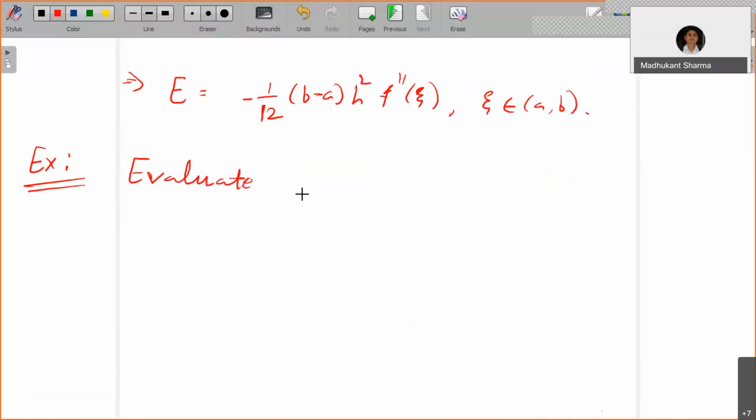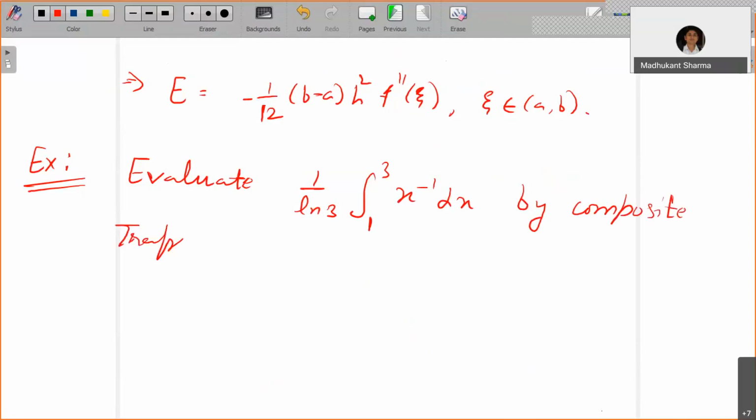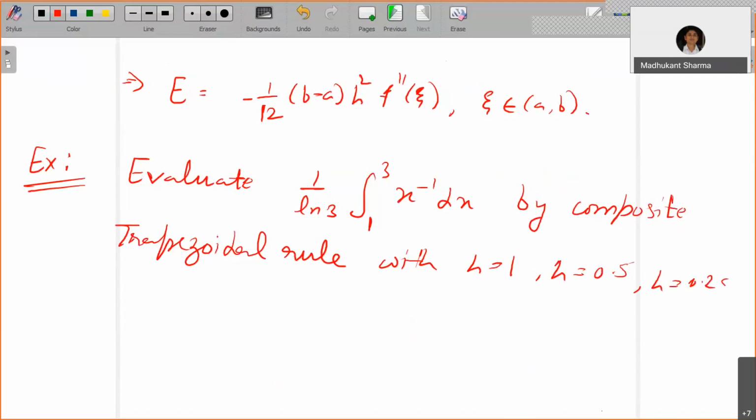So evaluate 1 by ln 3 times the integration from 1 to 3 of x inverse dx by the composite trapezoidal rule with h equal to 1, h equal to 0.5 and h equal to 0.25. Also analyze the error.